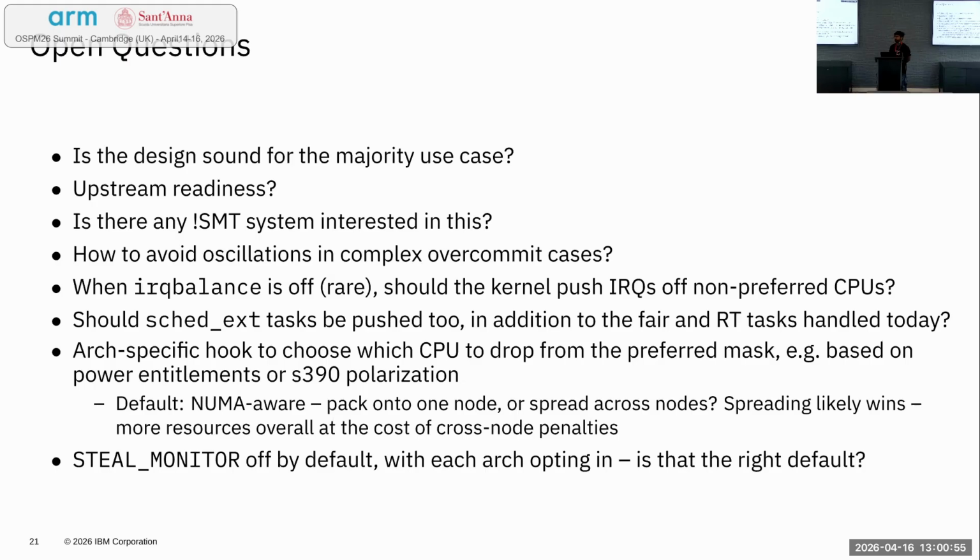I think we can already do everything in BPF without any additional change to the kernel. It's not pretty, but it's working. And then I would say it's up to the BPF scheduler to decide if they want to use the preferred mask or just ignore that. Yeah, okay, I can add the sched_ext push as well.